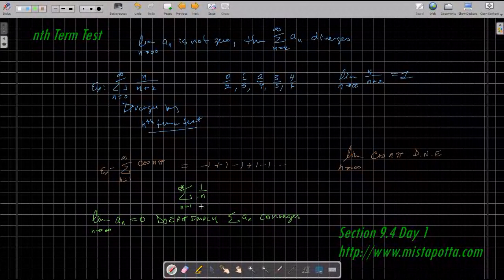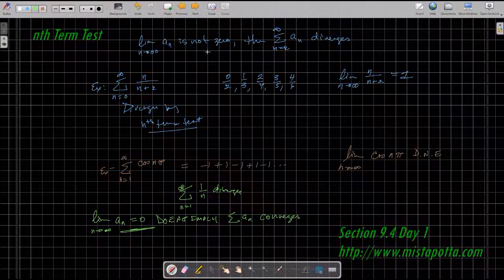I know the parent function 1 over x, and as x goes to infinity, this limit does in fact go to 0. But what we will find in section 9.5 is that this series is unbounded. In other words, this series diverges.